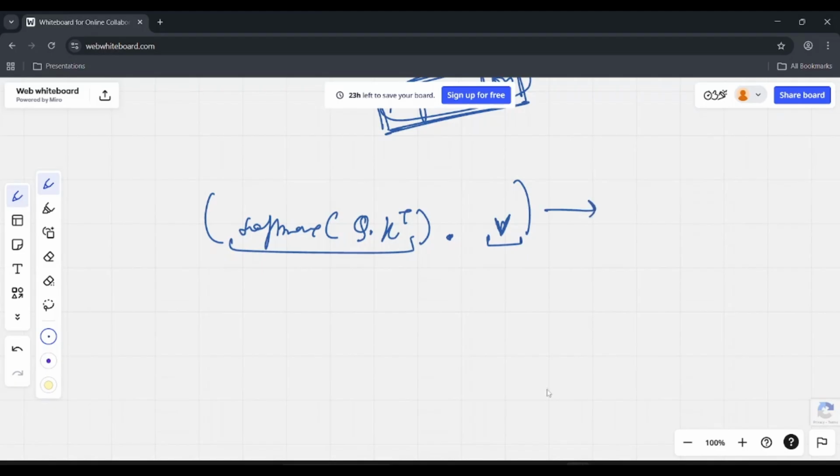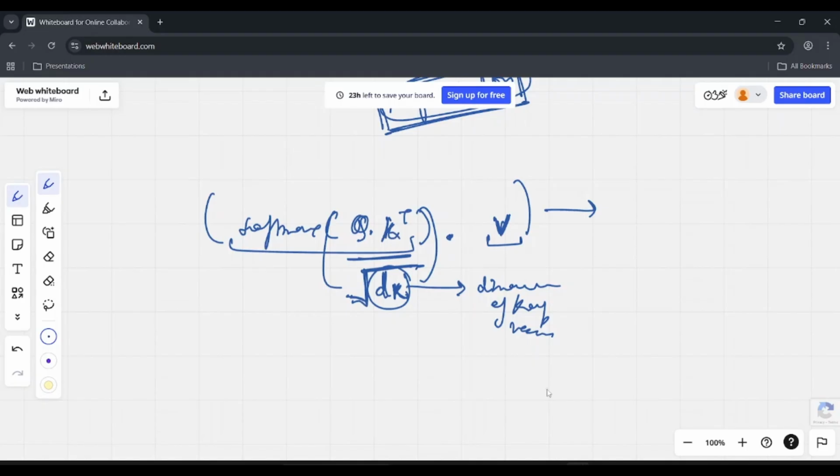But in the research paper, we have an additional term: they have divided this by the square root of dk. Why have they divided it by the square root of dk, and what is dk? This dk is nothing but the dimensionality of the key vector, and the query vector, key vector, and value vector are all of the same dimensions.